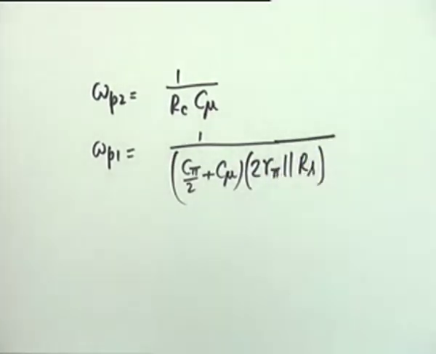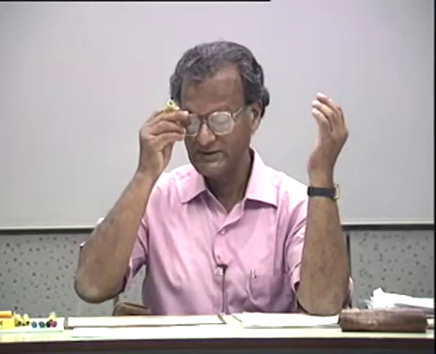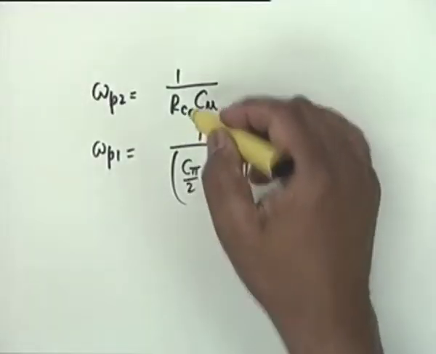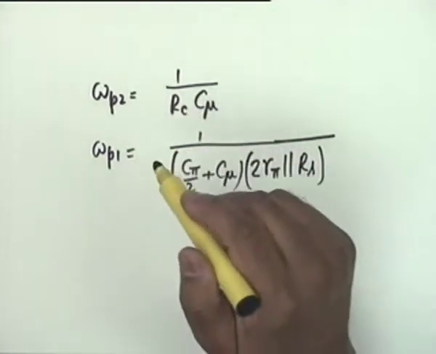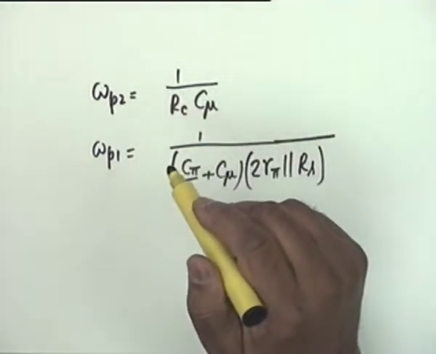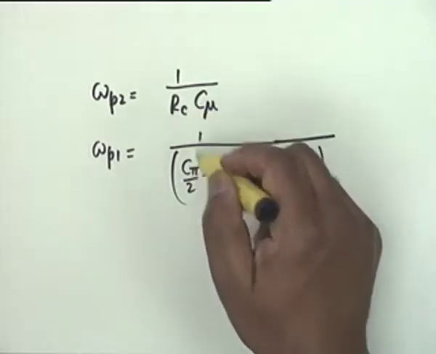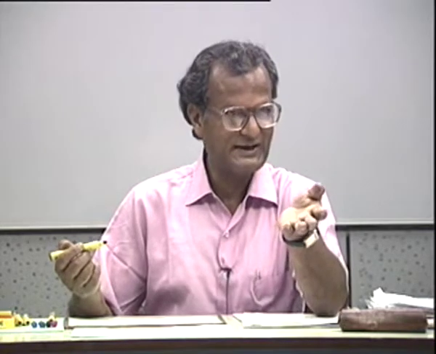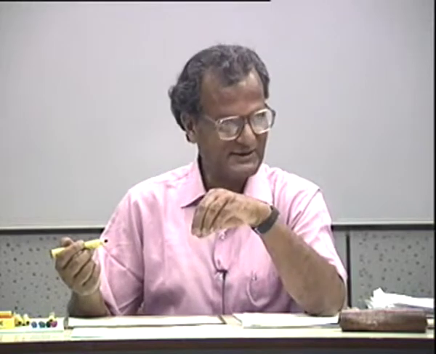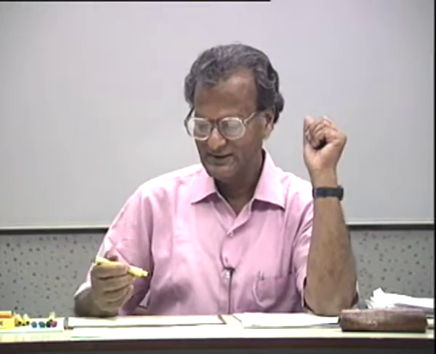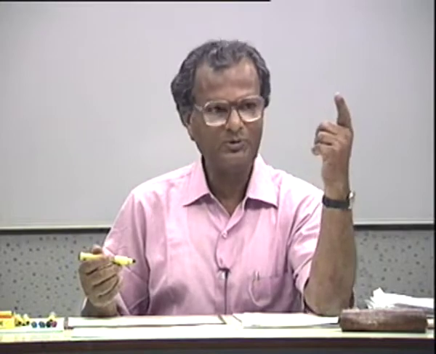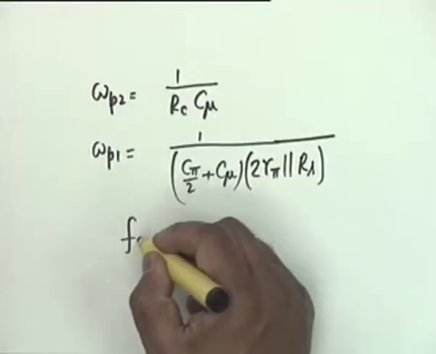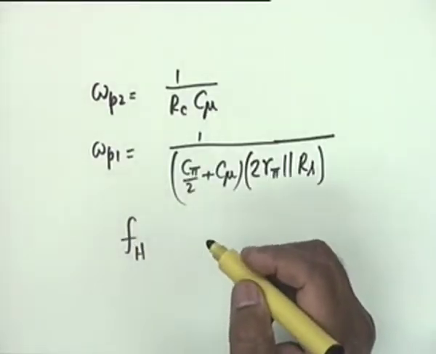Depending on the values of these resistances, namely R pi, Rs and R sub C, omega P1 and omega P2 may differ from each other, or may also be comparable. If one of them dominates, that is, if one of them is more than 3 times the other, you remember the figure 3, because squares are involved, then that particular pole shall dominate in determining the high frequency 3 dB cutoff.